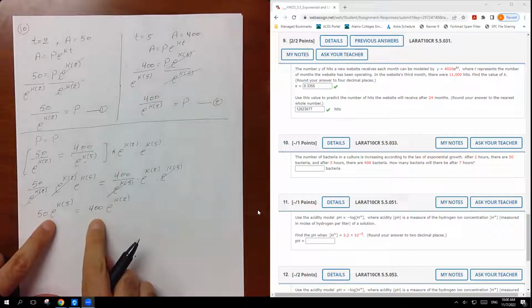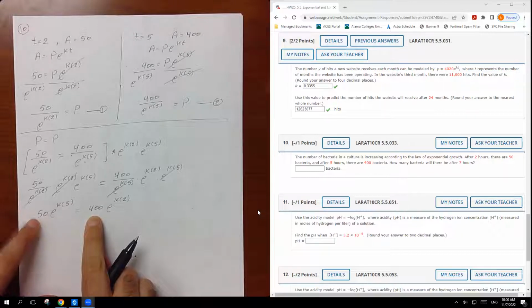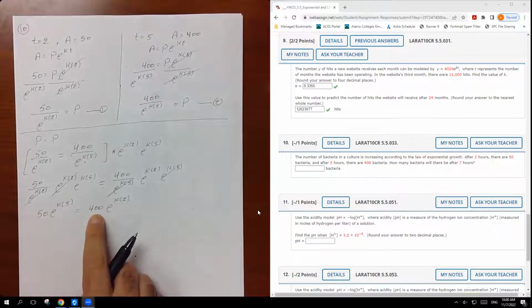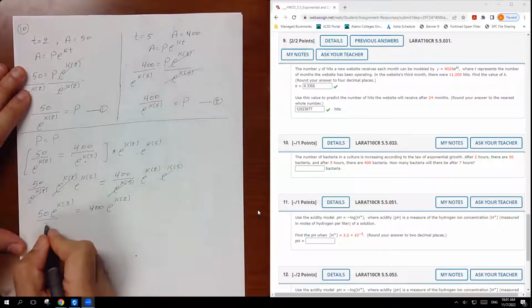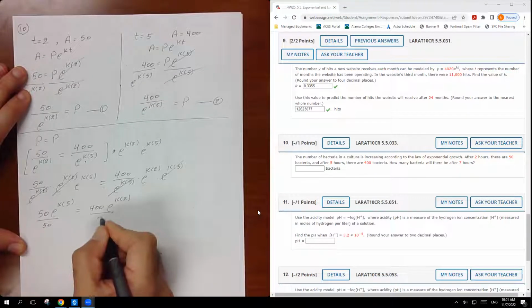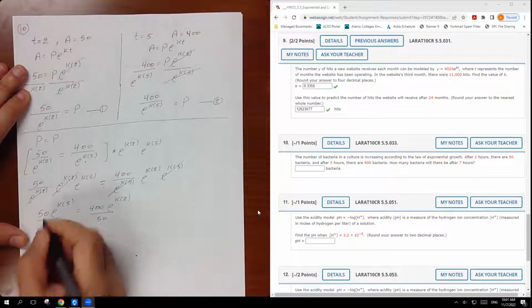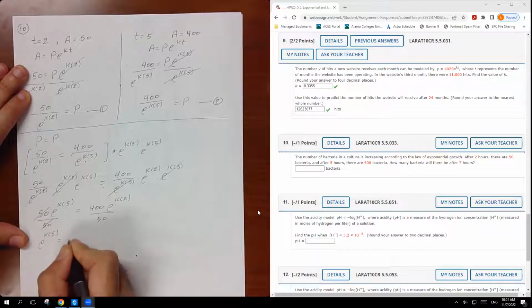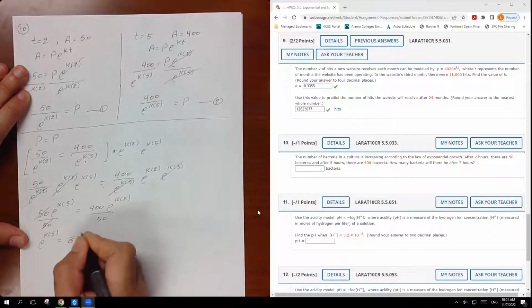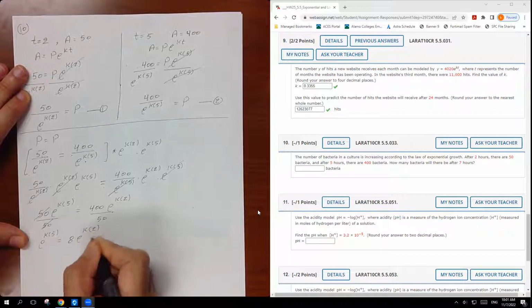So I'm going to divide both sides by 50. 400 divided by 50 is equal to 8. Divide this one by 50, divide this one by 50. Cancel here. So e^(k·5) equals 8 e^(k·2).